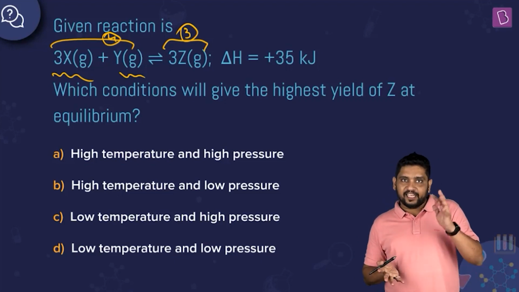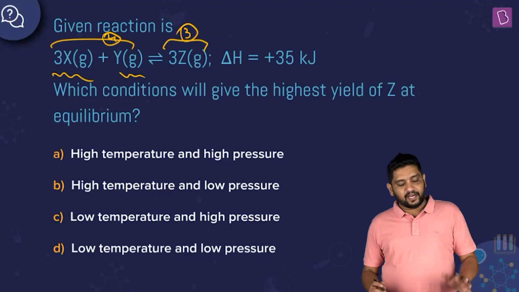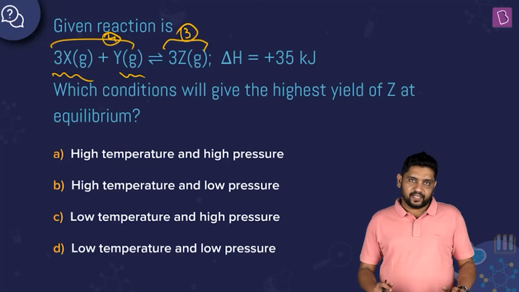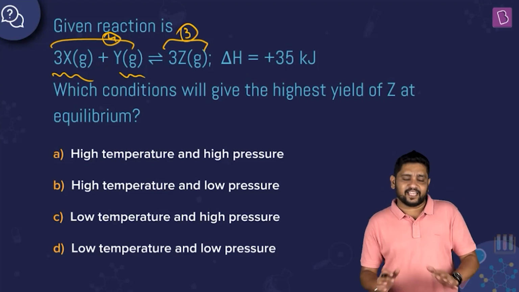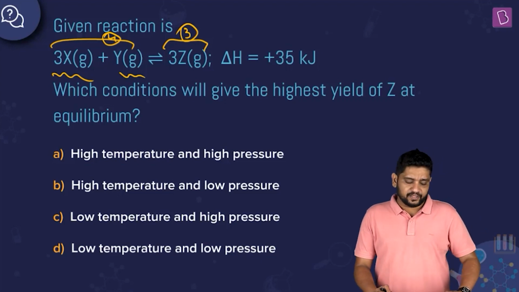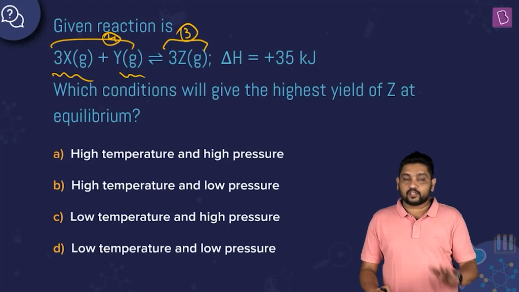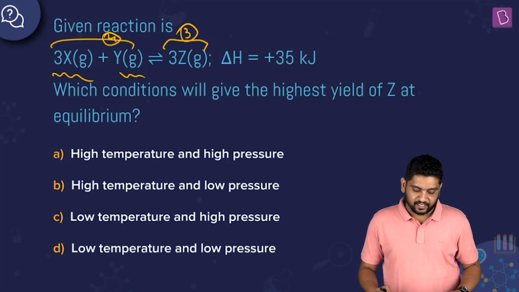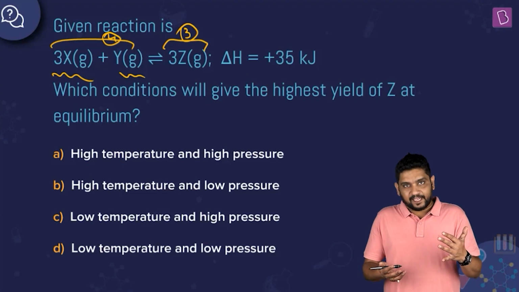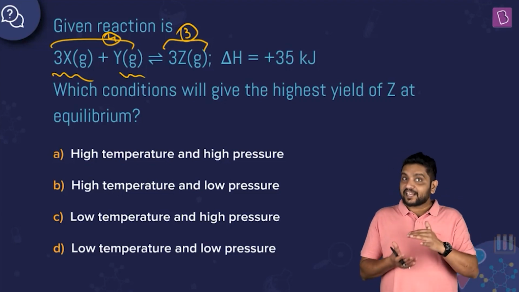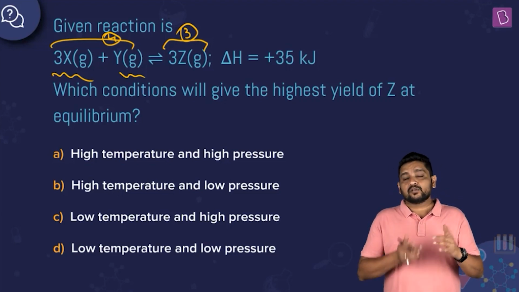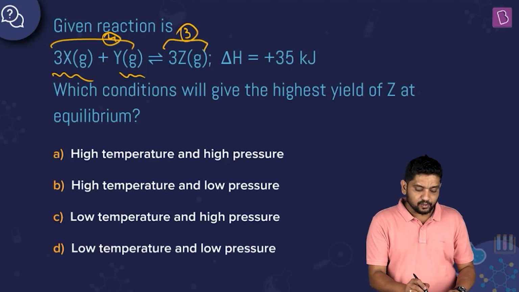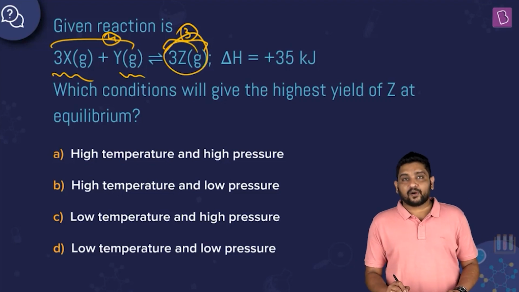Either directly increase pressure by reducing the volume, or I can increase the pressure one way or the other and manage to get more of the product, because in the forward direction number of moles is decreasing. Whenever we increase pressure, Le-Chatelier principle says that the system goes in the direction where it can relieve pressure by reducing the number of gaseous moles. So if I increase pressure, more product will be found.